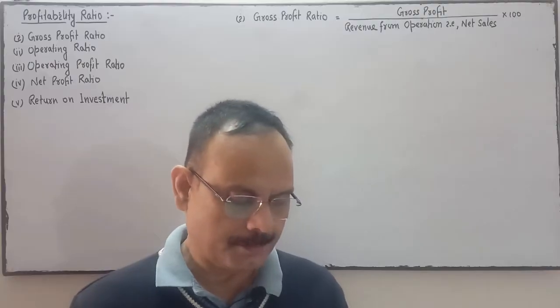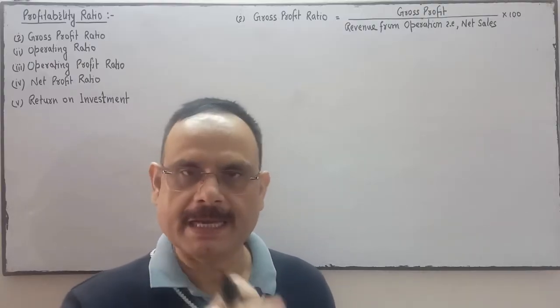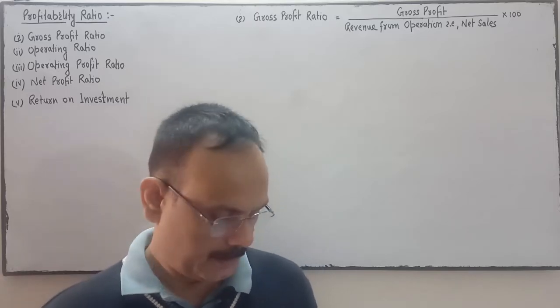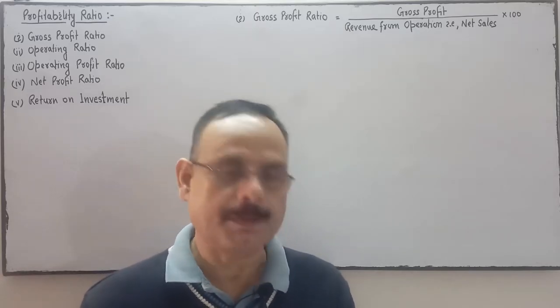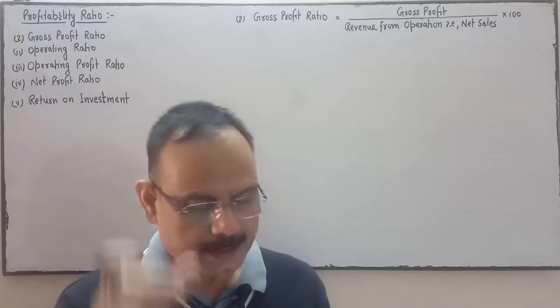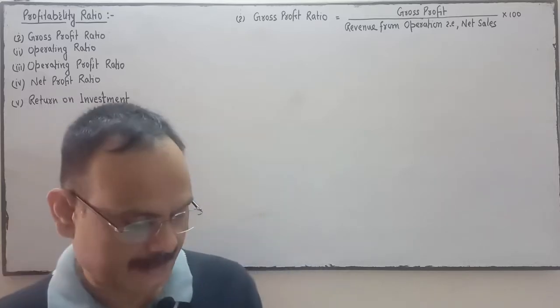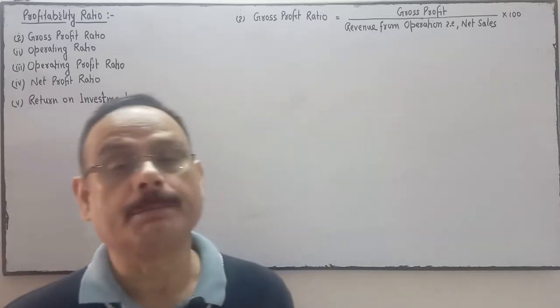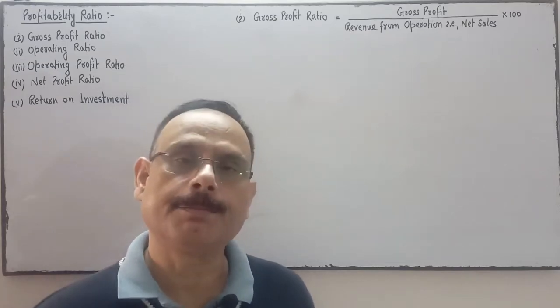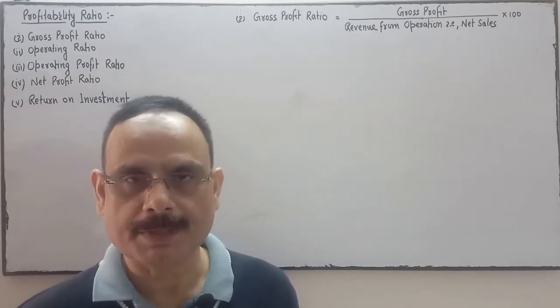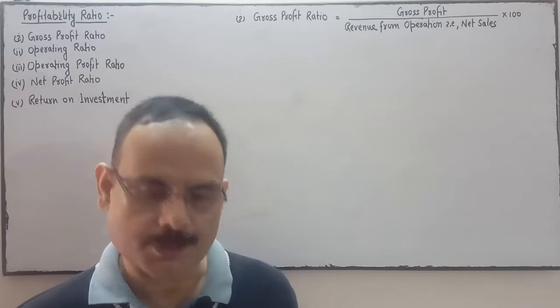From the following figures pertaining to two companies, company A and company B Limited, belonging to the plastic industry, calculate the gross profit ratio of the two companies. Which company is doing better? Information related to company A and company B is given in the question.